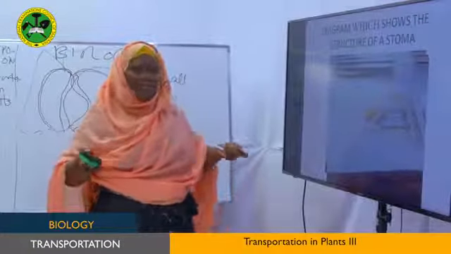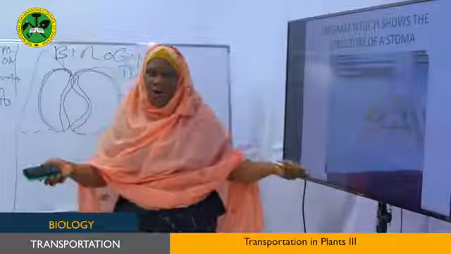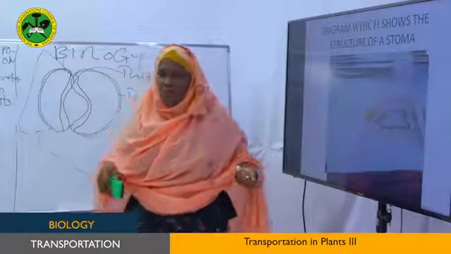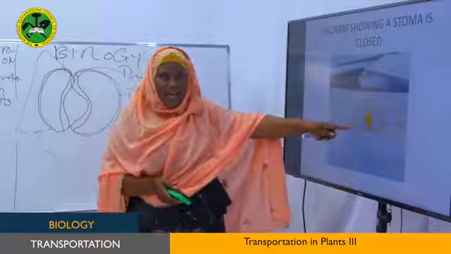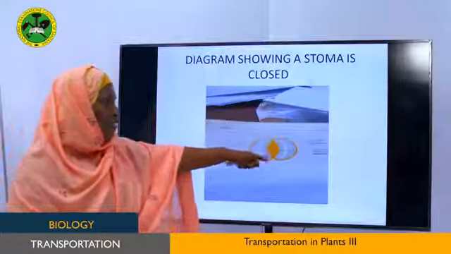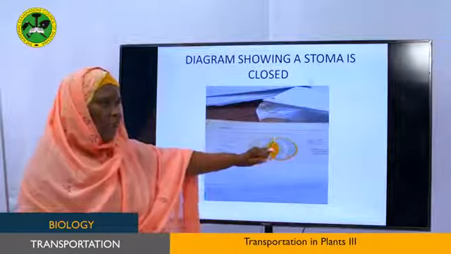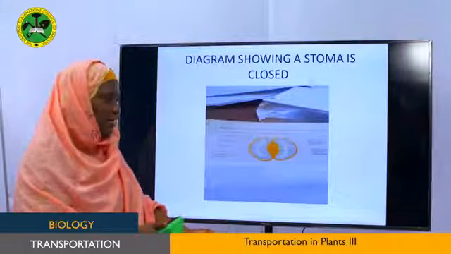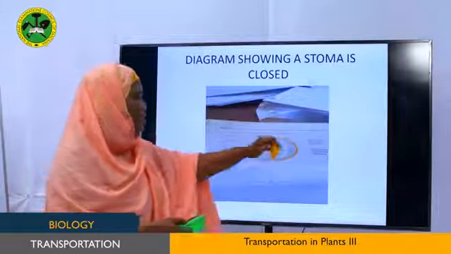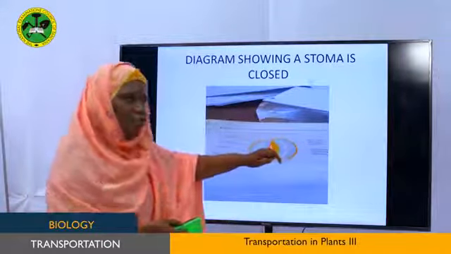But mind you that the stoma can be opened or closed. When it closes, it looks like that diagram. You see, there is no aperture here. The aperture or the stoma has been closed. It shows that the stoma is closed.